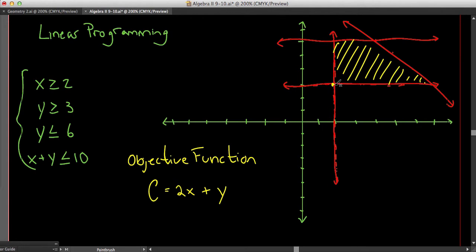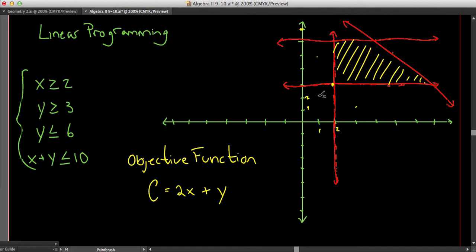So we know that our objective function is going to have a slope of -2. That means to go down 2 and to the right 1, we're going to have a point there. And if I were to go up 2 and to the left 1, we would have a point there. And then up 2 again and to the left 1, we'd have a point there. And there we are, we have our y-intercept, which is going to be 7. We have a scale of 1 here.